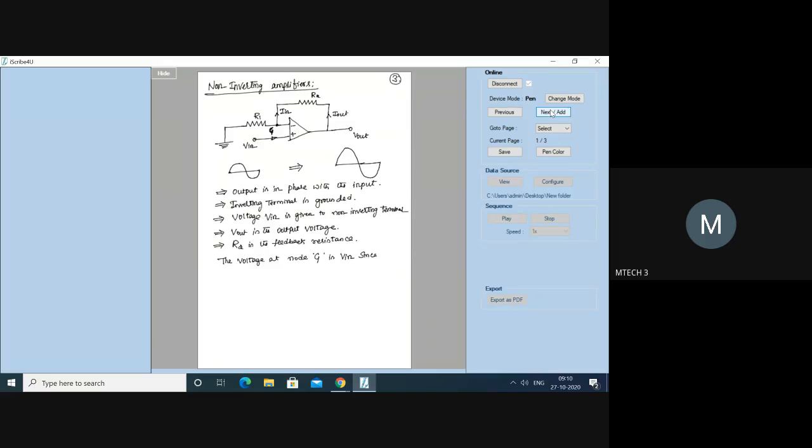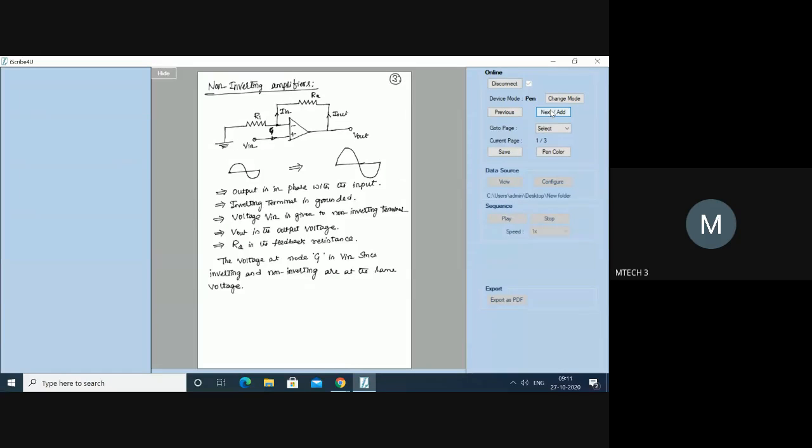Since inverting and non-inverting are at the same voltage, please understand this, it is important. The ground, here also it is going to be Vin, and here also it is Vn.